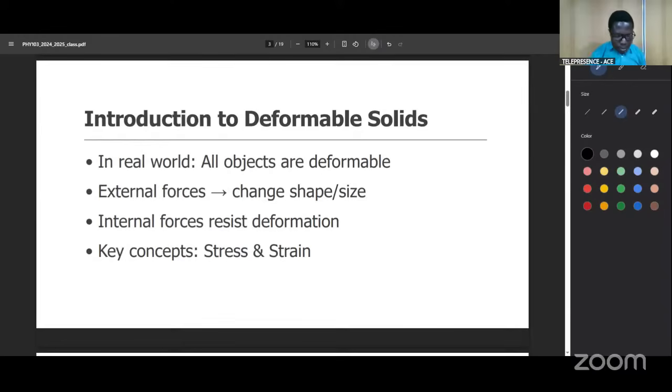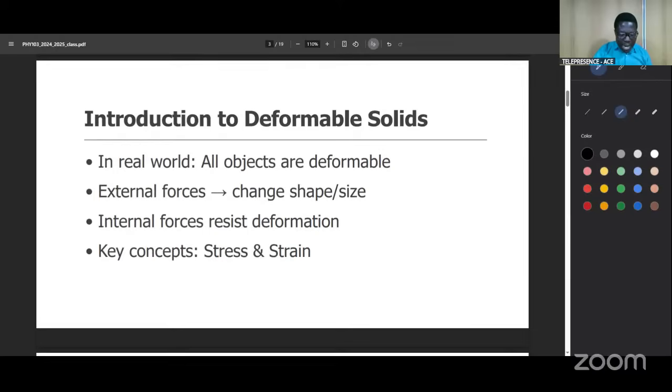So the first parameter is stress. What is stress? Stress can be basically defined as external force per unit cross-sectional area.